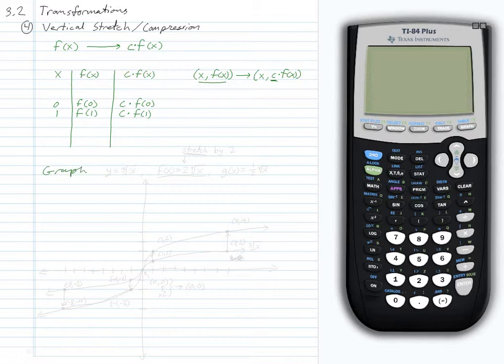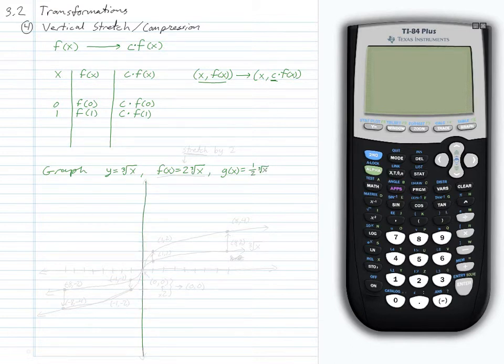So let's graph y equals the cube root of x. Say f of x equals, let's say, 2 times the cube root of x, and g of x equals 1/2 the cube root of x.